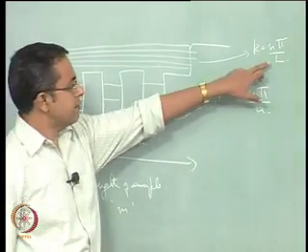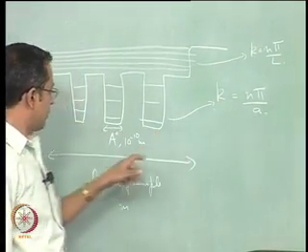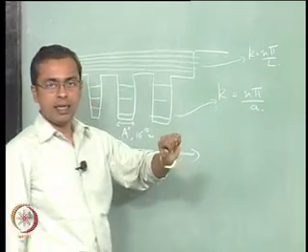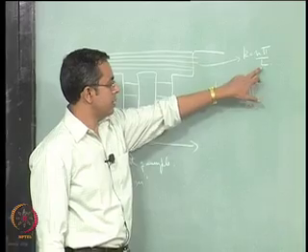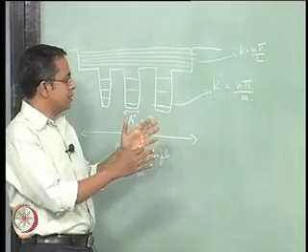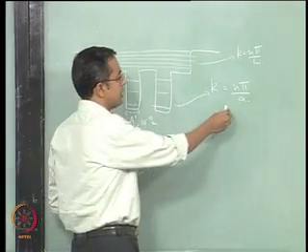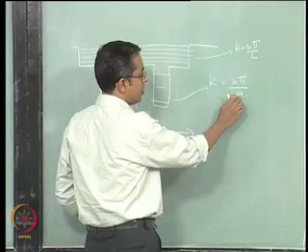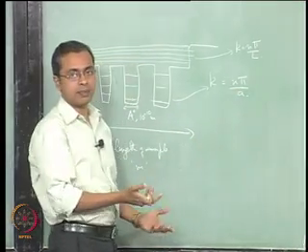Now clearly L is very large relative to a, there is a factor of 10 power 10. L is of the order of meters, while a is 10 power minus 10 meters. So a is a very small number, and therefore 1 by a is a very large number.